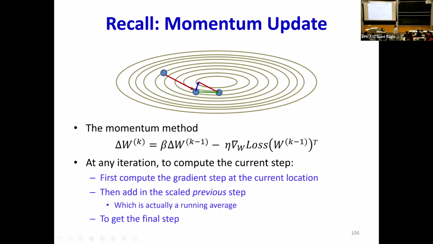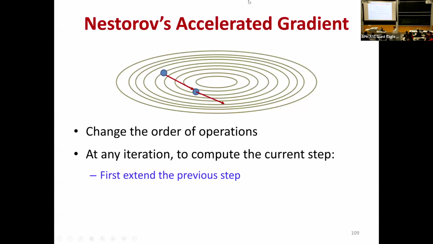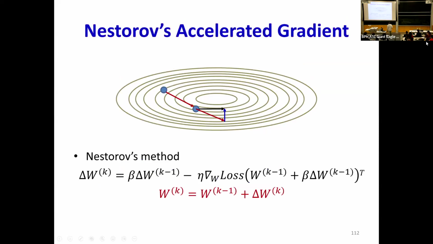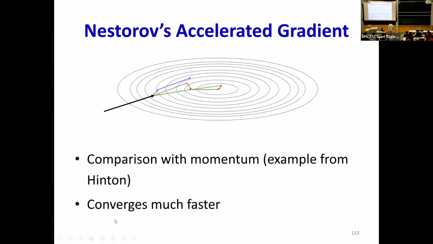Instead, you could first take and extend your current step and then go against the gradient at the new position. And changing the order would give you a faster convergence, right? So we've seen these two.